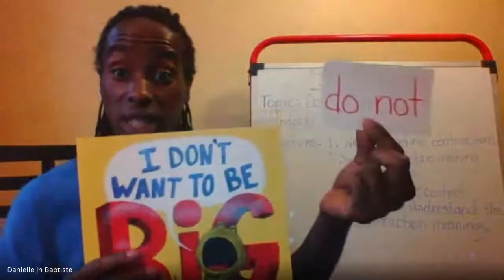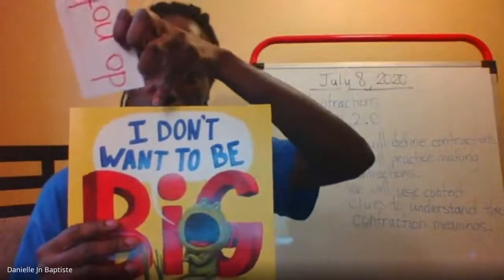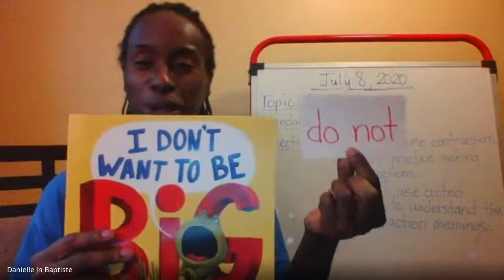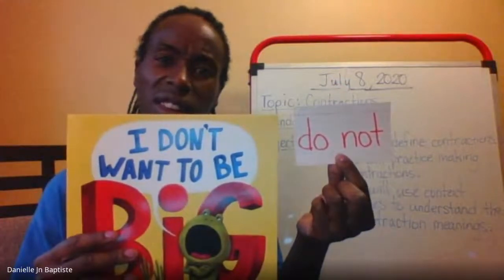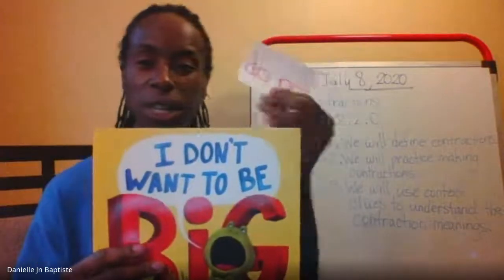Don't is the same as do not. But what do you notice about the contraction don't and the words do not? What do you notice? There's a few more letters in these 2 words. Let's line them up.